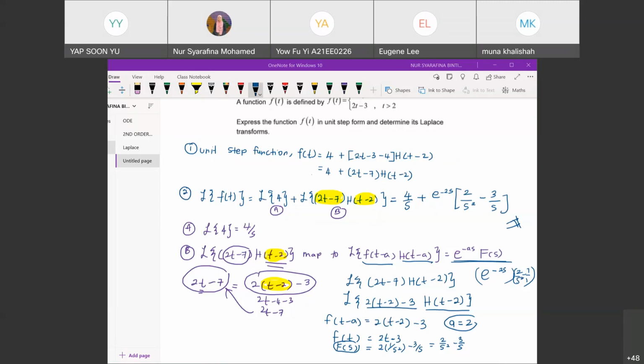Okay. Good value I can see. Even though it is 5, it is okay. Don't worry. Right? Okay. Can we proceed? Can we proceed, guys?